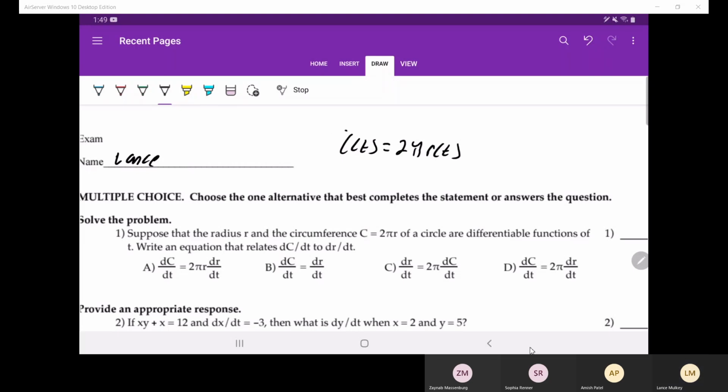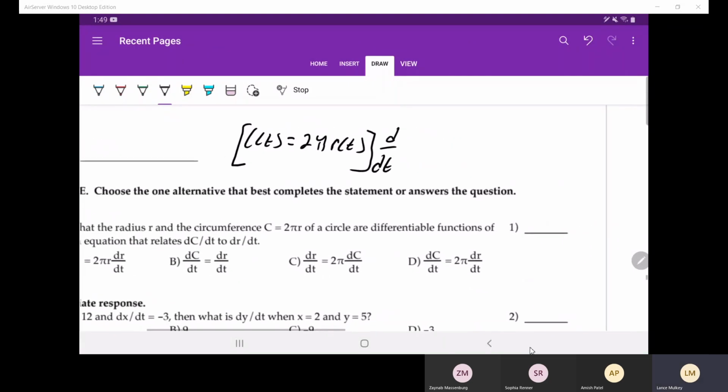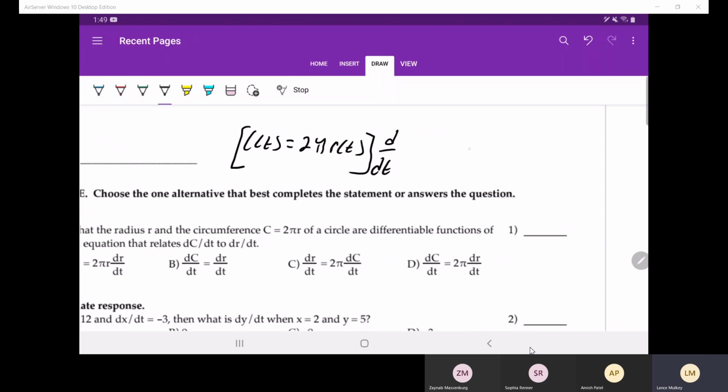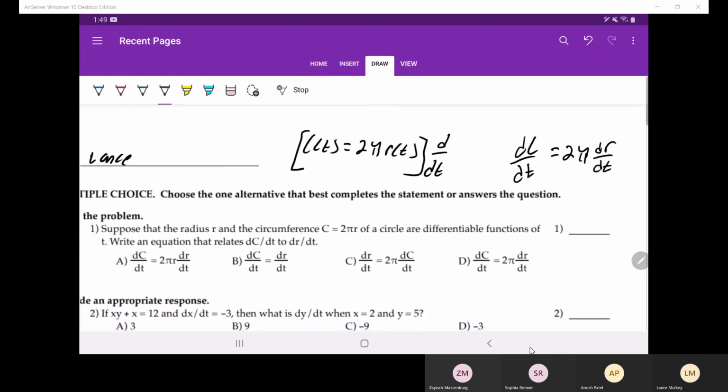So you take the derivative with respect to time, you get dC/dt equals 2 pi dr/dt. Make sense? Everyone follow along with that?